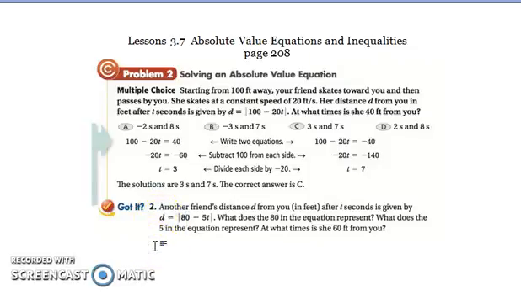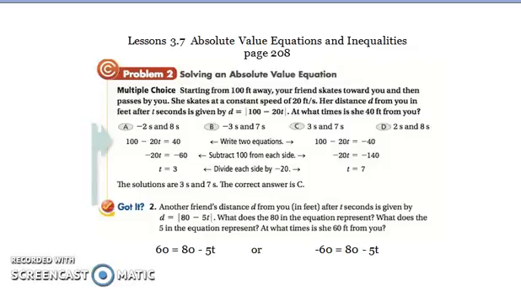So we get 60 equals 80 minus 5t, or negative 60 equals 80 minus 5t, because remember the inside can be either positive or negative.